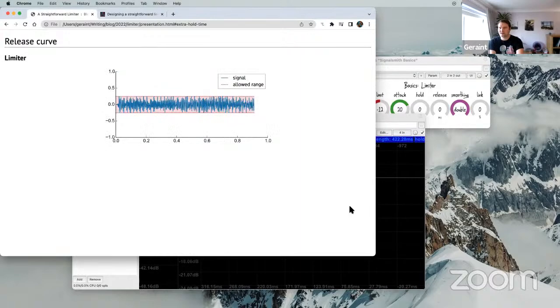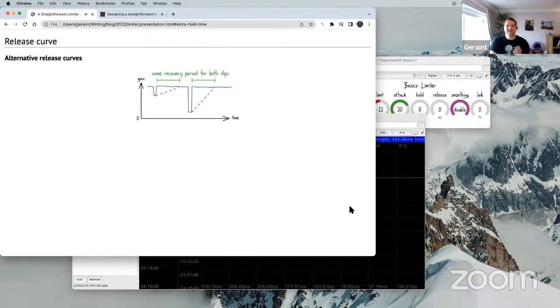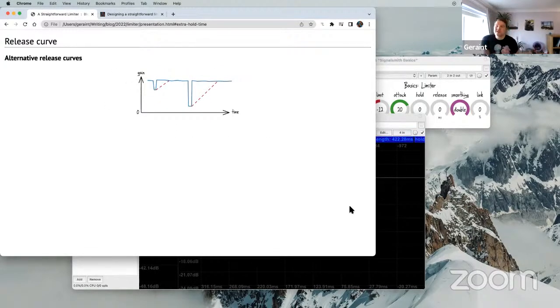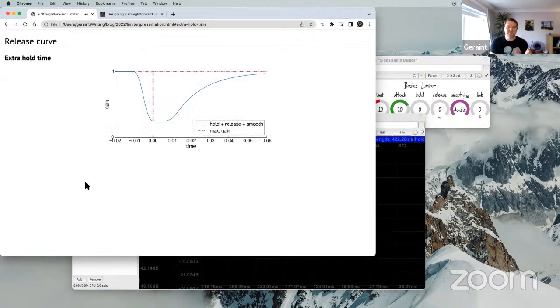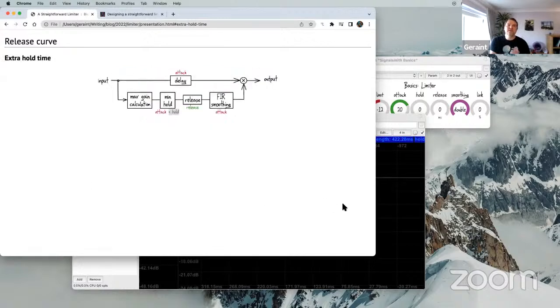I don't think that's finite. Yeah, like, why not? In this architecture, the absolute value is here, and then our smoothing is done here.